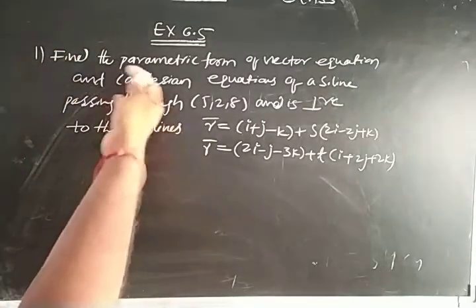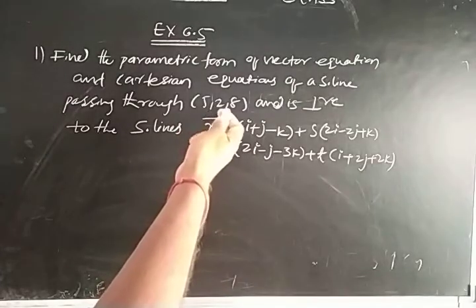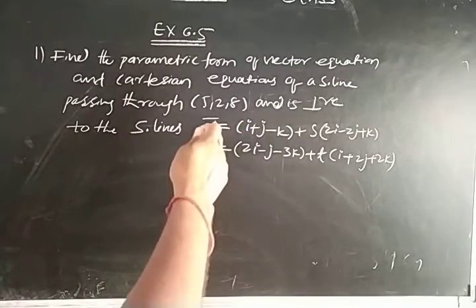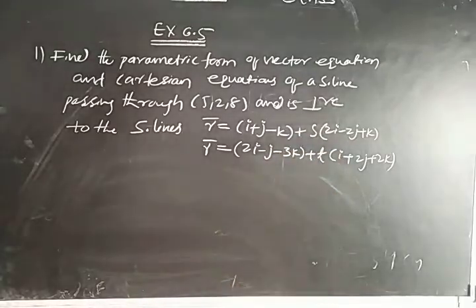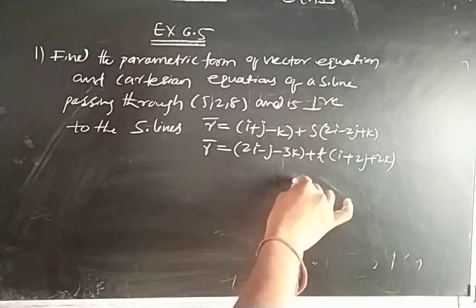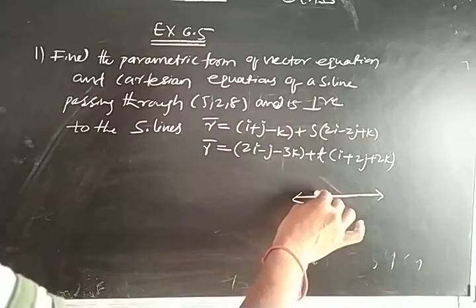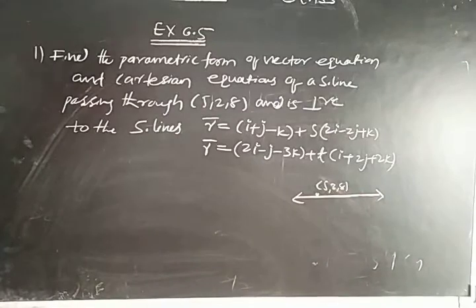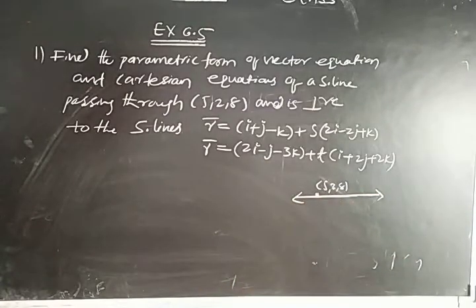Now today we are going to solve exercise 6.5 first problem. See what is given. Find the parametric form of vector equation and Cartesian equation of a straight line passing through the point 5, 2, 8 and is perpendicular to the two straight lines which are in parametric form. Suppose we are finding this required line which is passing through a fixed point 5, 2, 8.